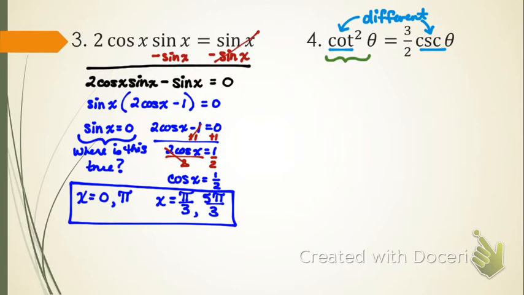So we've got our Pythagorean identity, which is cotangent squared theta plus 1 equals cosecant squared theta. So I can replace cotangent squared with cosecant squared minus 1, which is equal to 3 over 2 cosecant theta.